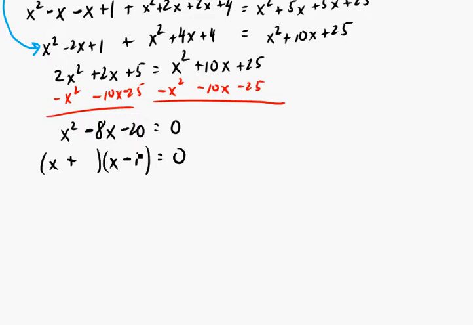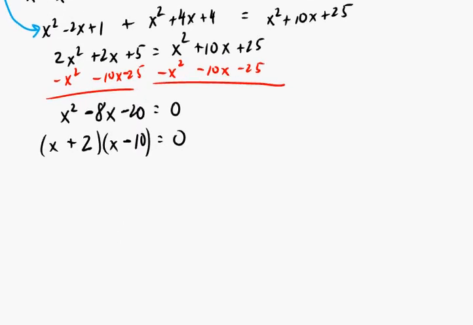And if we made this a minus 10 and a plus 2, then the outside terms would give us minus 10x, the inside terms would give us plus 2x, and minus 10x plus 2x is minus 8x. So now if we use the zero product property, either x plus 2 has to equal 0, or x minus 10 has to equal 0, which means x can equal negative 2 or 10.